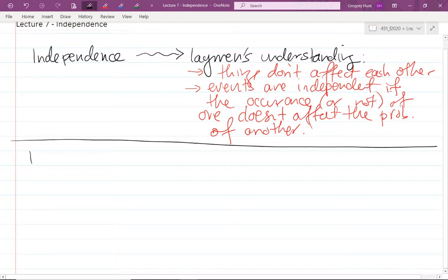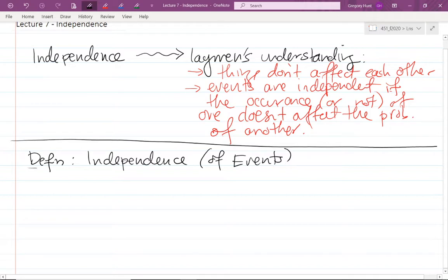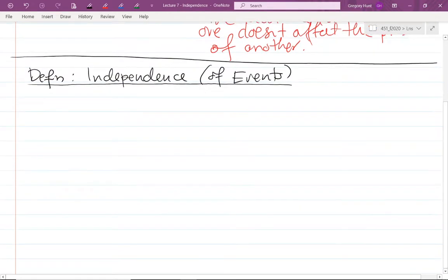So let's put down a definition of independence. I'm going to say of events, and that will make more sense much later in the class when we talk about independence of other things. But we're going to get the definition of independence of events.